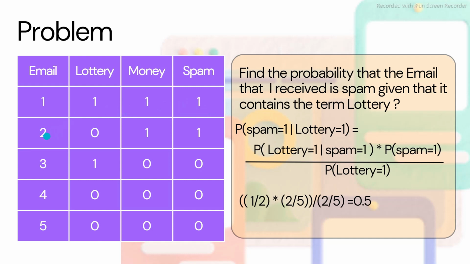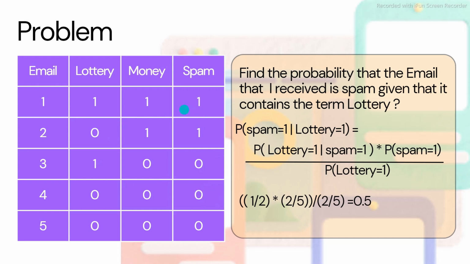If the email doesn't have the word lottery but has the word money, then it is categorized as spam. If it has the word lottery but doesn't have the word money, then it is categorized as not spam. And if the email doesn't contain both the words, then it is categorized as not spam.